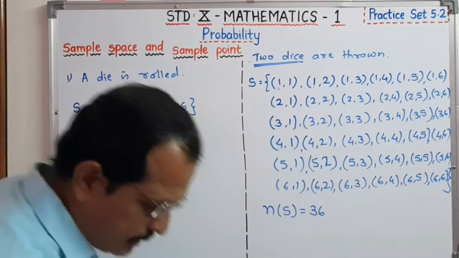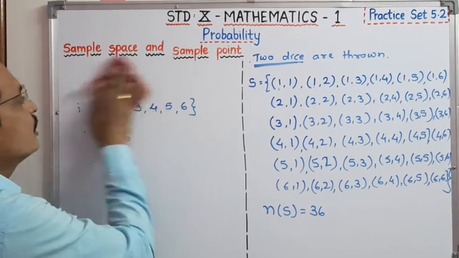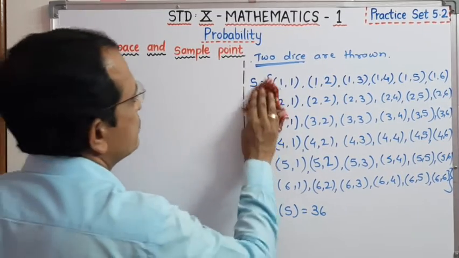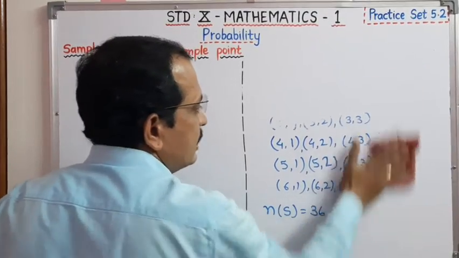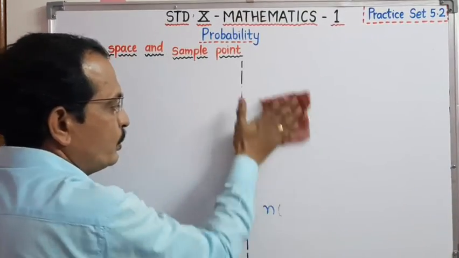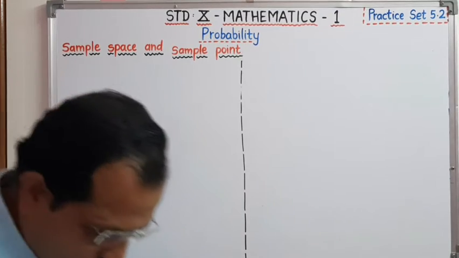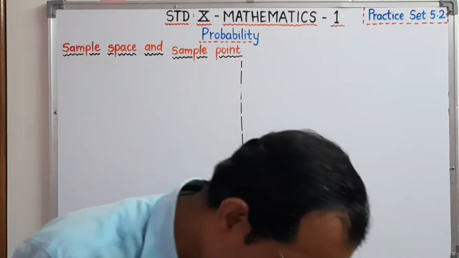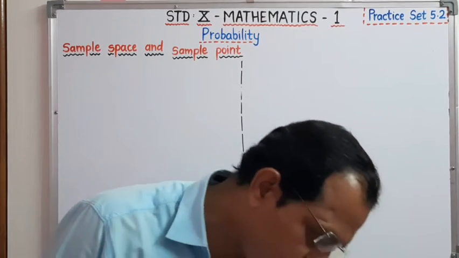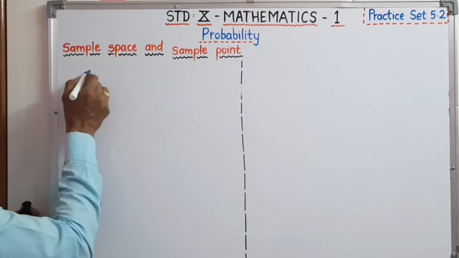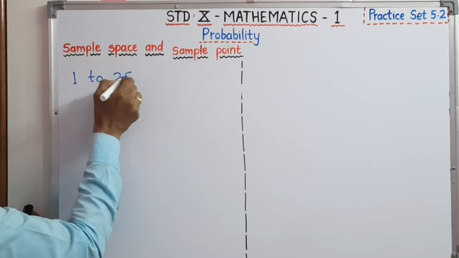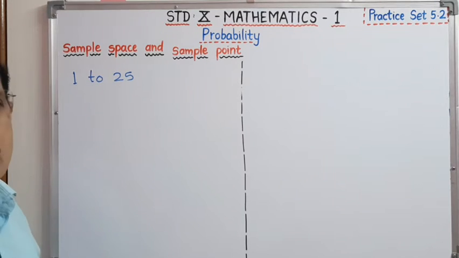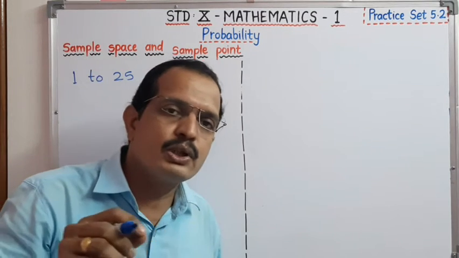Then another random experiment is given. In that there are cards, and from those cards we have to select one card. See here, a card is drawn from a pack bearing numbers from 1 to 25. On each card one number is written: 1, 2, 3, 4.